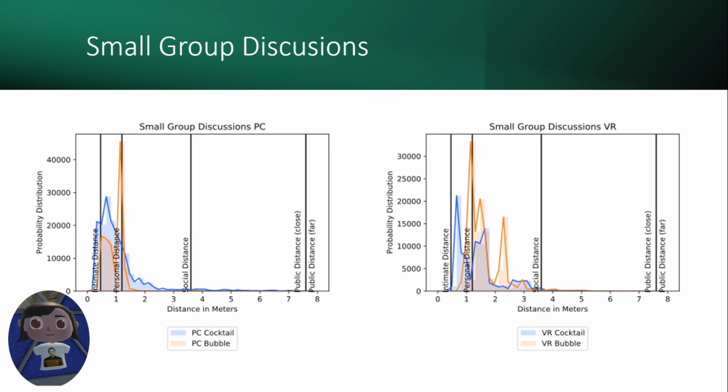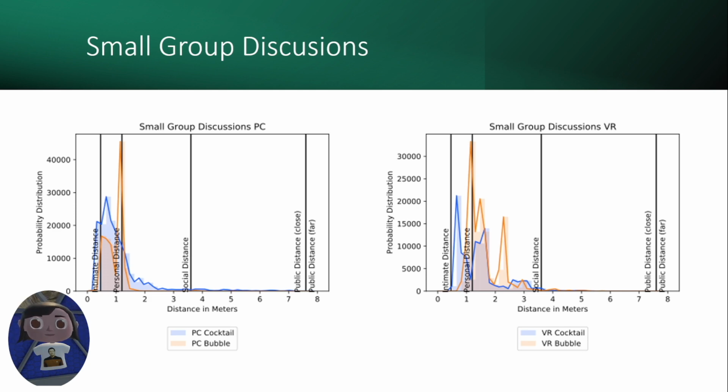We also saw some interesting differences in how people use personal space. In the small group discussions on the desktop PC, we see collisions in the intimate zone, a lot of the interactions happening in the personal zone, and very little happening in the social zone. This does not match what we would expect to see in a physical face-to-face environment.